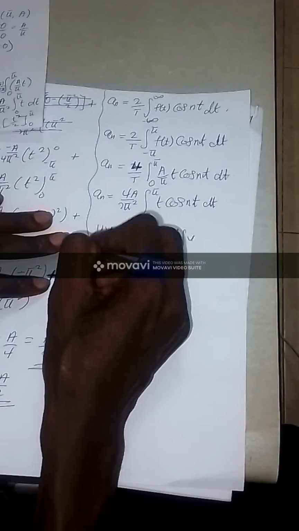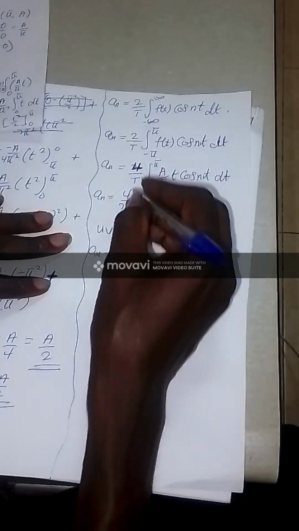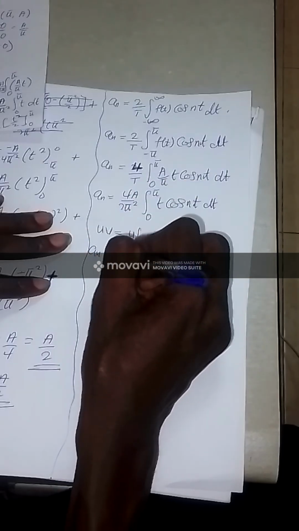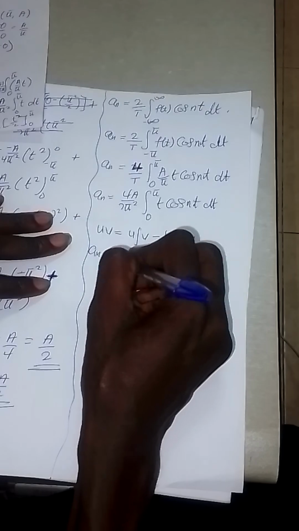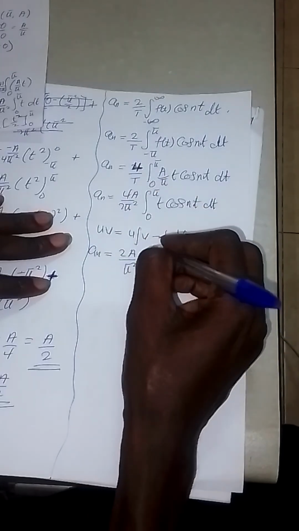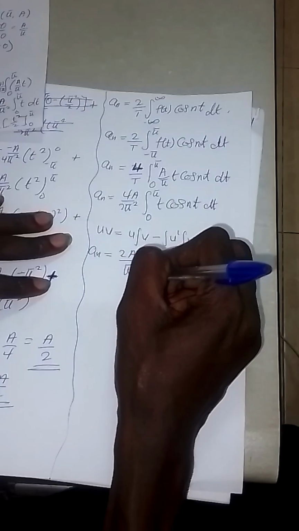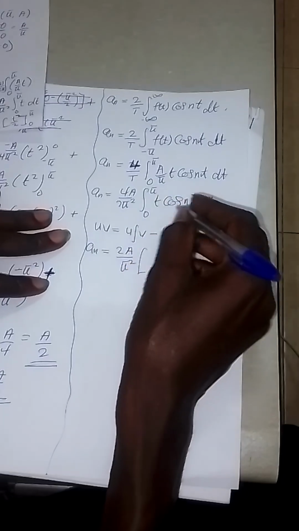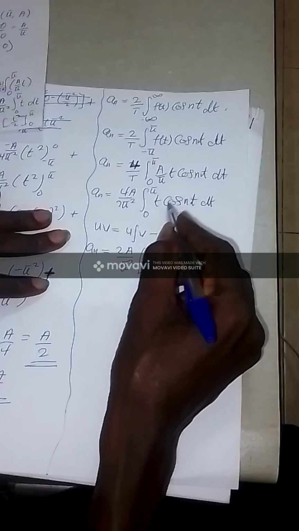So here, An is equal to 2A over pi squared, by simplifying here. Okay, so now I am going to get t, and then I'll integrate this cos.